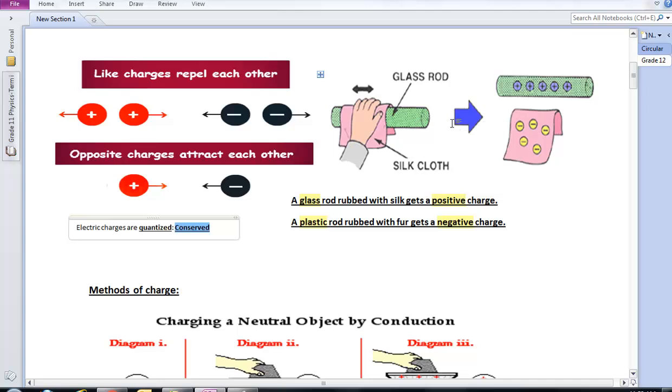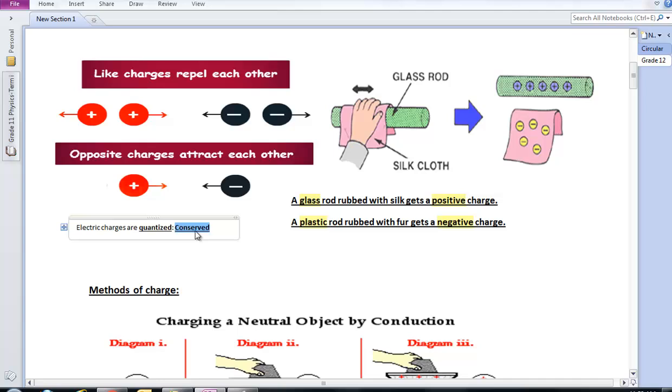Here, as you can see, when we rub a glass rod with a silk cloth, the glass rod takes a positive charge, and the silk cloth has a negative charge. If you count the number of positive charges, you'll find 1, 2, 3, 4, and 5. Then count the negative charges, it will be 1, 2, 3, 4, and 5, which means that electric charges are quantized.